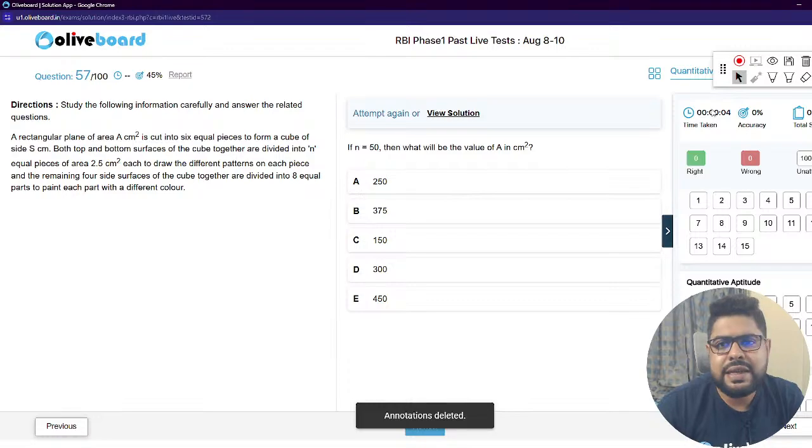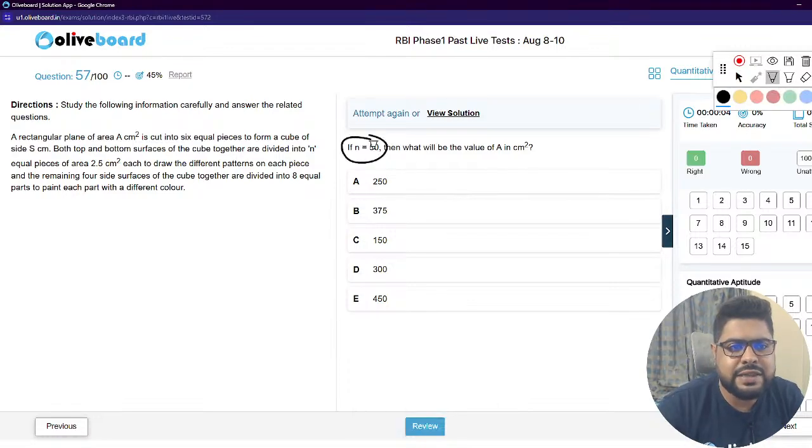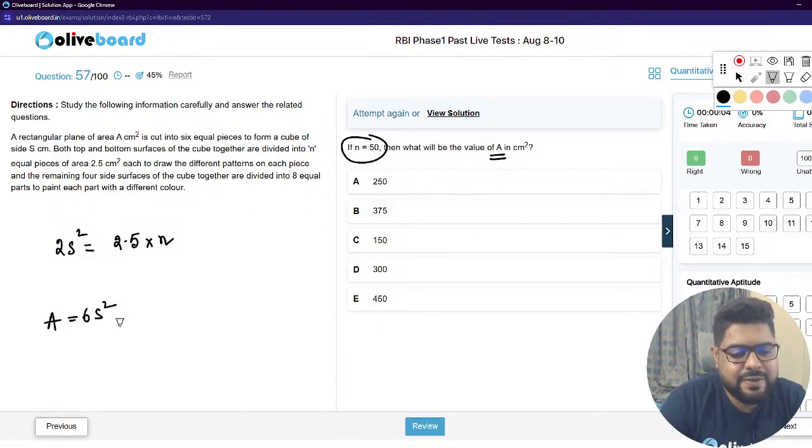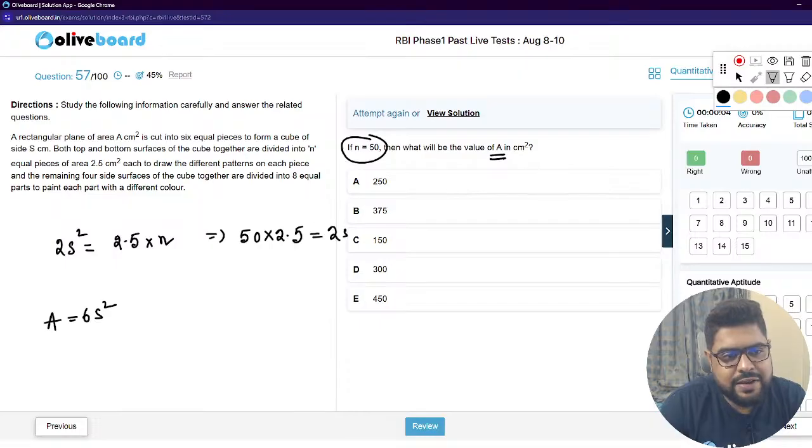Next one: if n is equal to 50. We have already written one equation: 2s square is equal to 2.5 into n, and A was equal to 6 times s square. Just put n equal to 50. So 50 into 2.5 is 125, equal to 2s square.